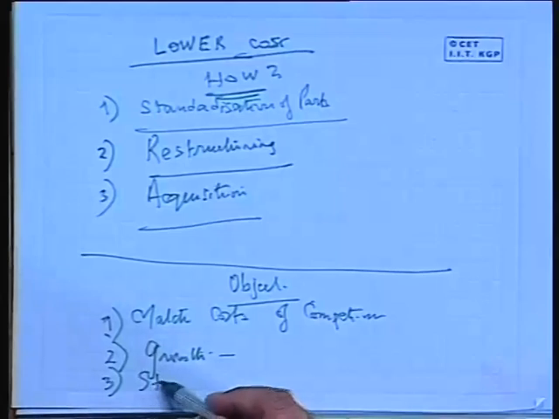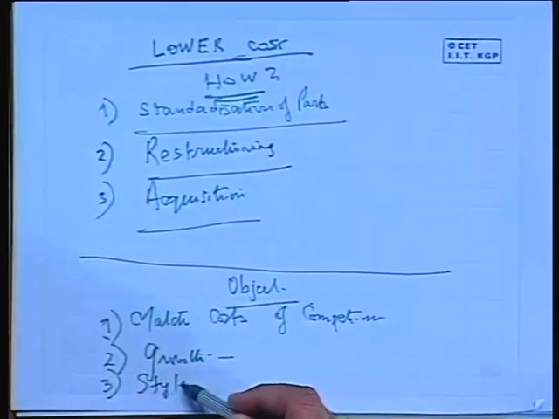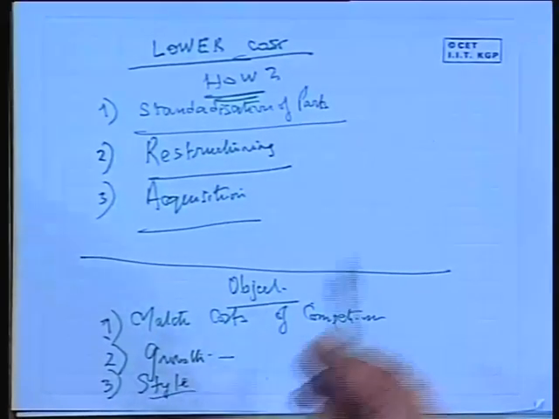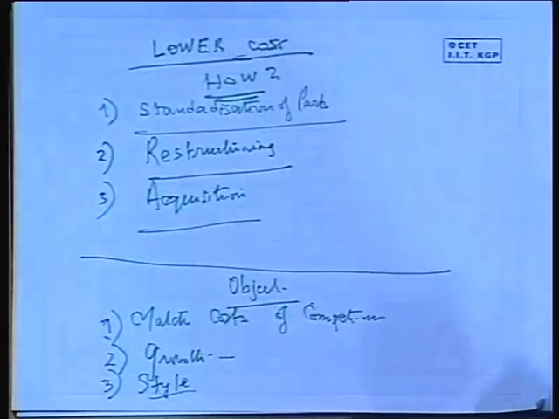So I am calling it style. Style is a product of culture, style of operation. And if you want to change the style, you have to change the culture. And there are many ways of changing the culture. You can do it by OD, organizational development, that is people-oriented interventions. You can do it by restructuring, that is systemic changes.